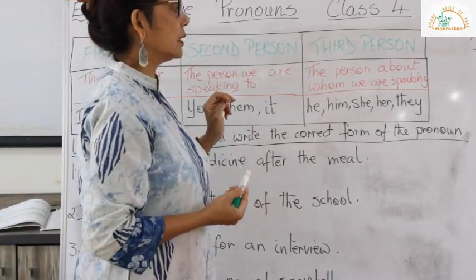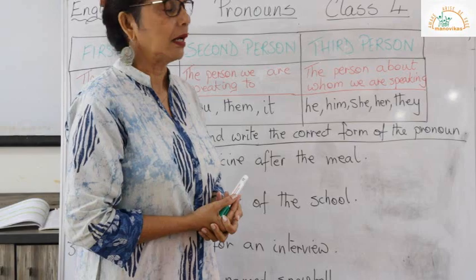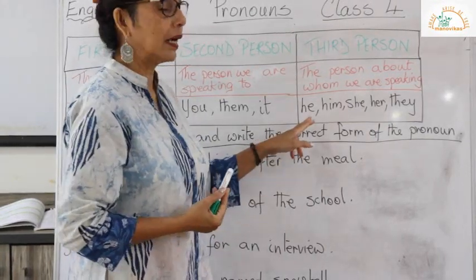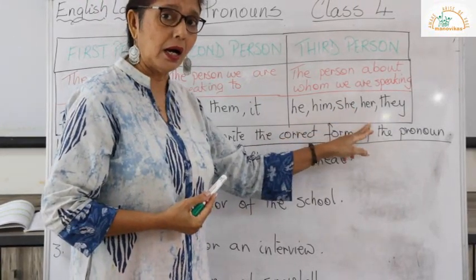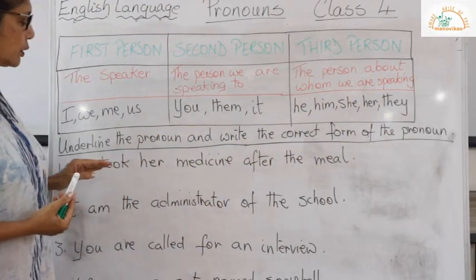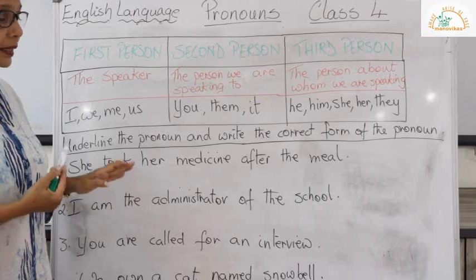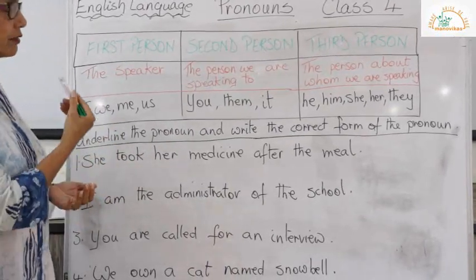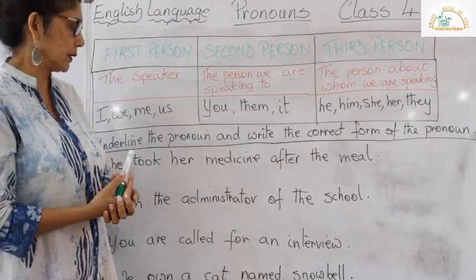And the third person is the person about whom we are speaking, that is he, him, she, her and they. You will understand this better when I do this exercise with you. We will underline the pronoun and then we will write the correct form of the pronoun, that is whether it is first person, second person or third person.